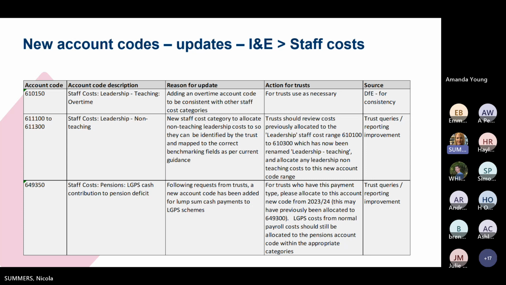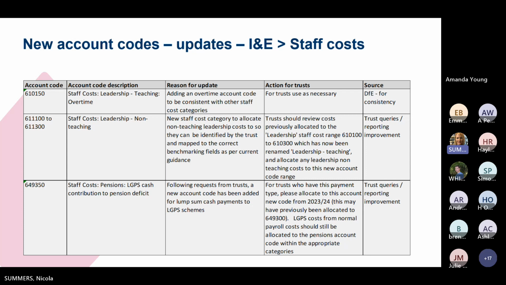So effectively, there wasn't anywhere to put leadership non-teaching. The non-teaching will still link through to the benchmarking, admin and finance, but that's a separate issue. Unfortunately we don't have a breakdown of leadership in the benchmarking at the moment, but it's certainly something that I'll be feeding back, that trusts would like more detail on.